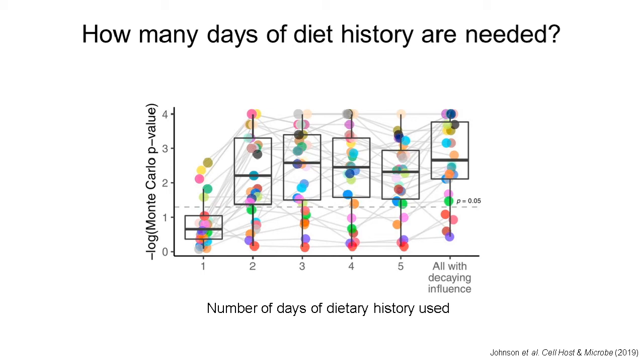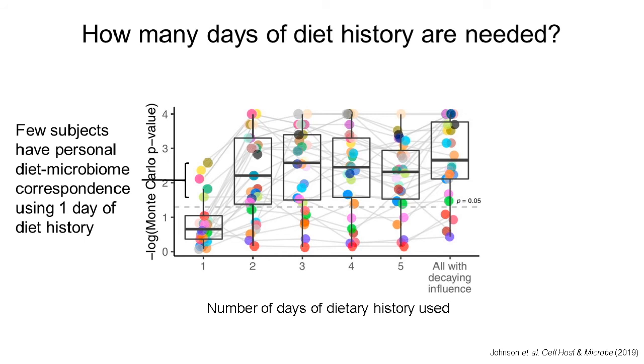And it's the negative log 10 of the p-value, so higher is more significant. And then on the x-axis is how many days of dietary history would be used, because we could just take yesterday's diet and say, that's what we're going to try to correspond with microbiome. Or we could take the last 2 days, or we could take the last 3.